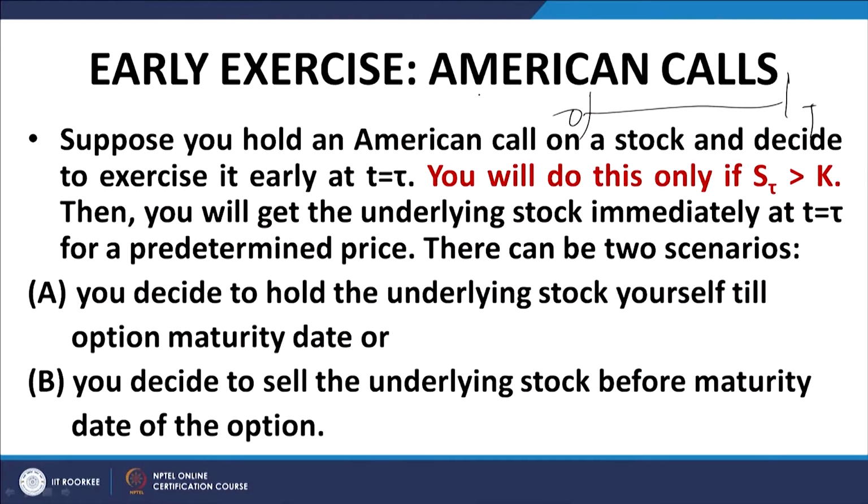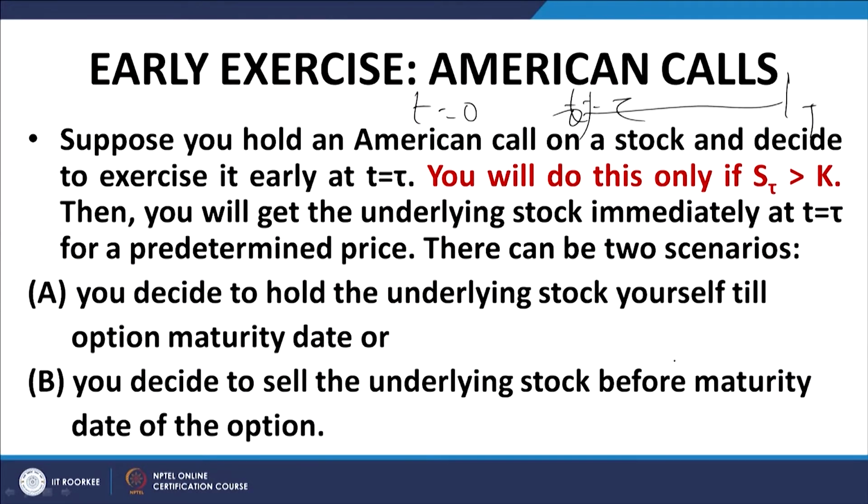Let us see the argument. This is very interesting. Let us assume that you hold an American call, you have taken an American call at t equal to 0. Let us assume that at any point t equal to tau, you decide to exercise the option.